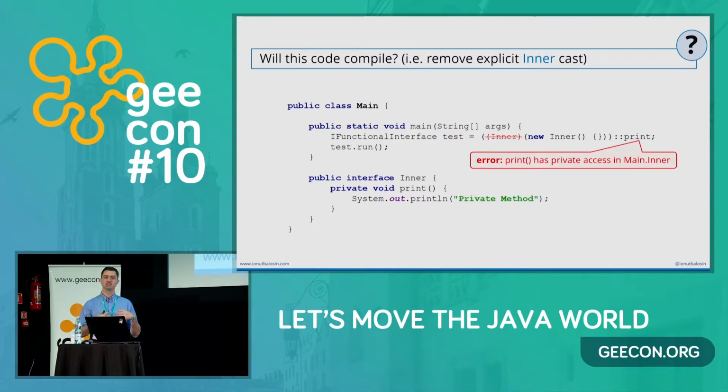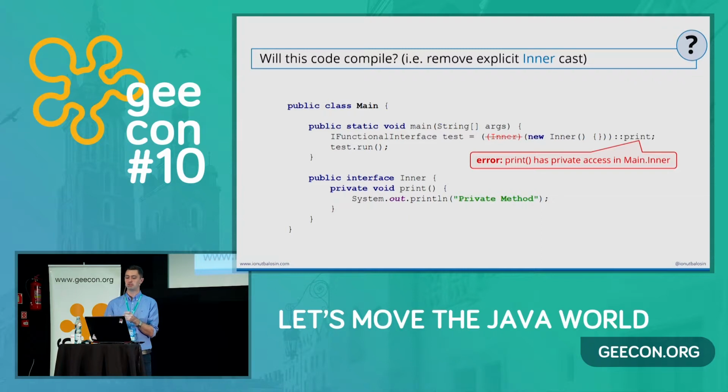And it might seem a bit puzzling, because we know why it shouldn't compile. However, in the first case, the print method exists. It exists, of course, but remember, new inner is basically an anonymous class, and this anonymous class doesn't have a direct reference to the print method.